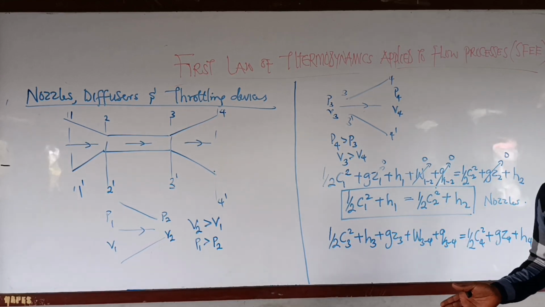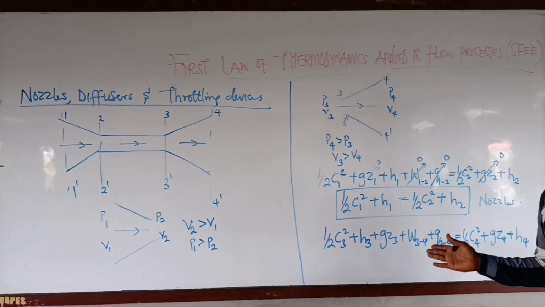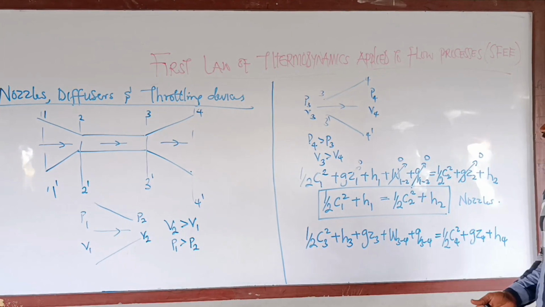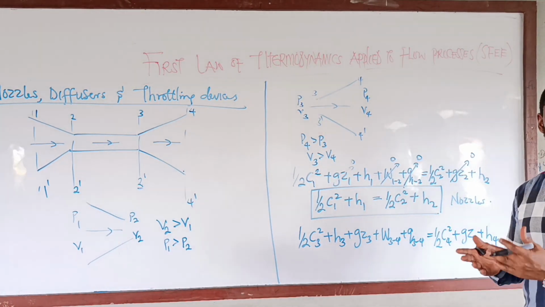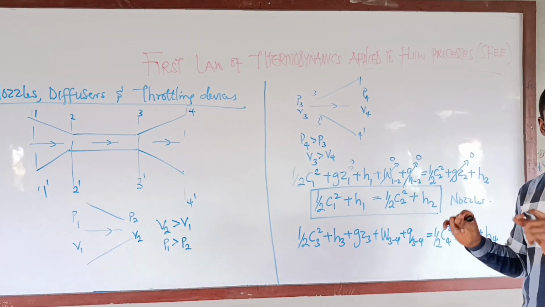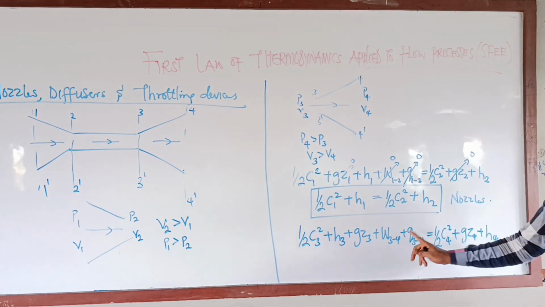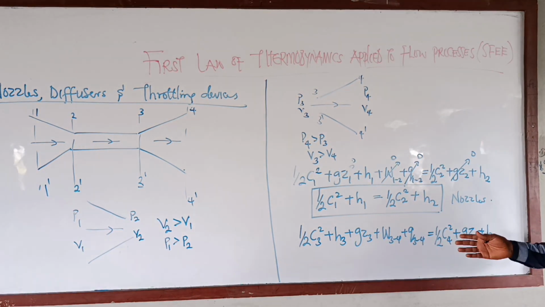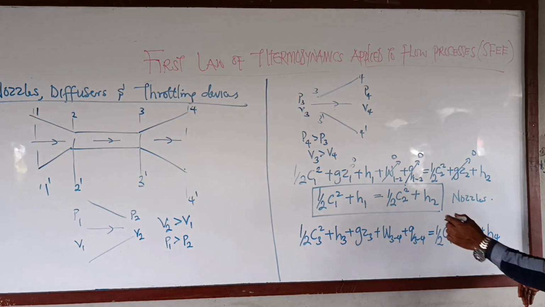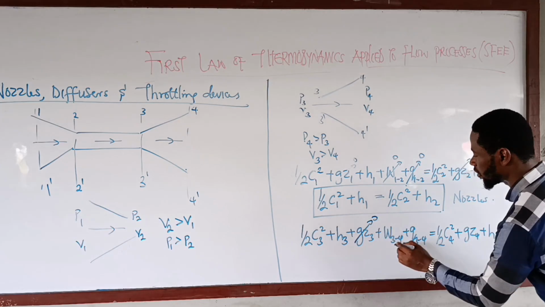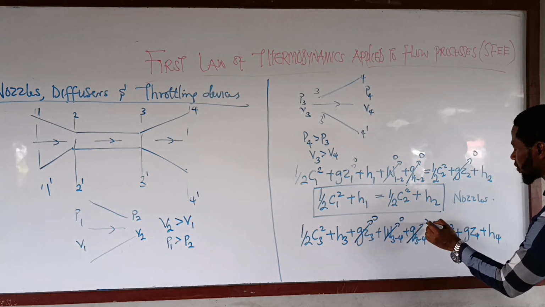Taking the same assumptions that you took for the nozzle: negligible kinetic energy, negligible potential energy, no work transfer, and no heat transfer in the system. So these become 0, 0, 0.